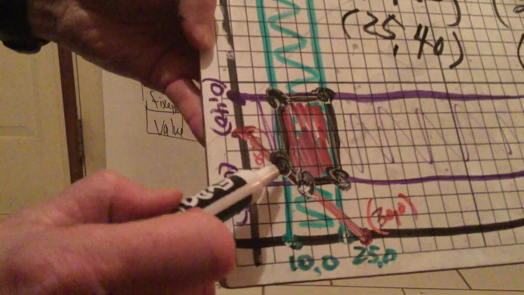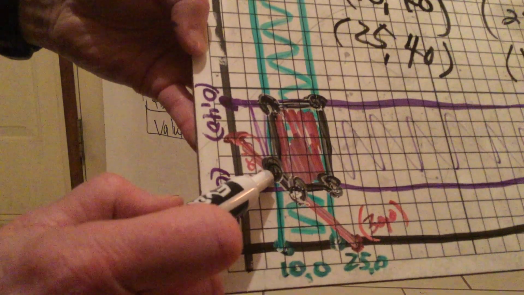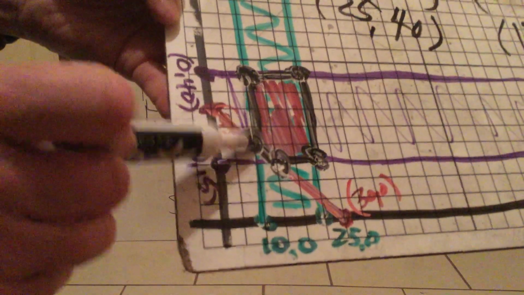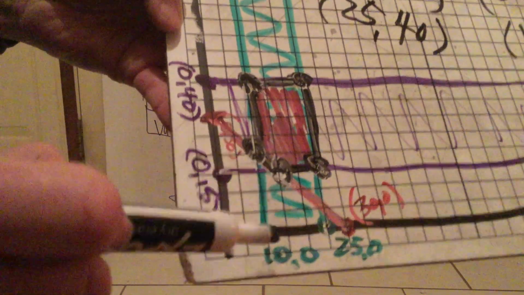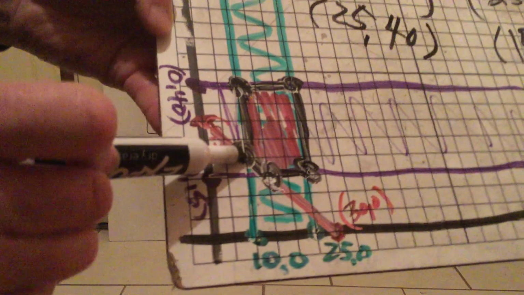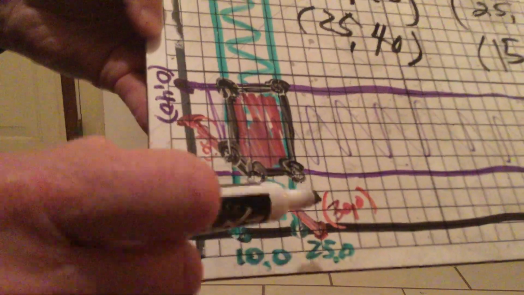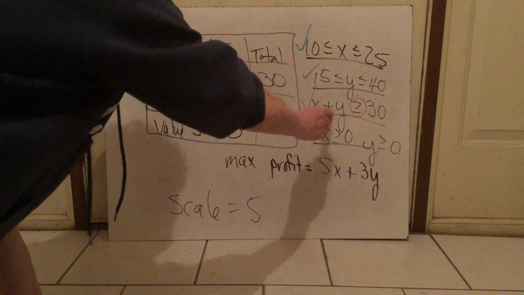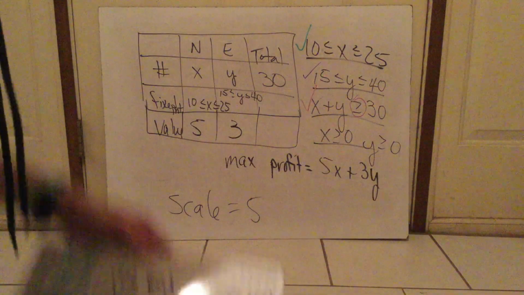Now, I'm going to do something exactly the same for this one. This one is on this green line. So I know that x is 10. X is 10. Any point on this line, x is 10. But it's also on the red line. If x is 10 on the red line, then y must be 20.